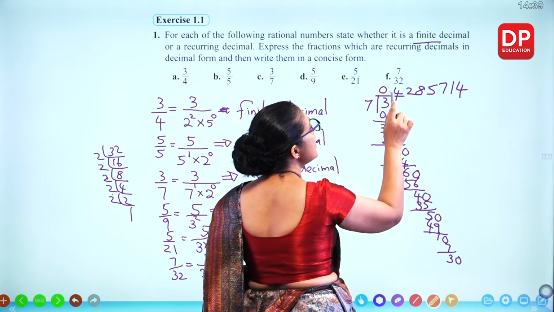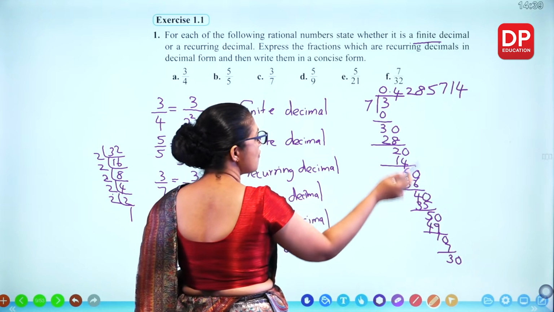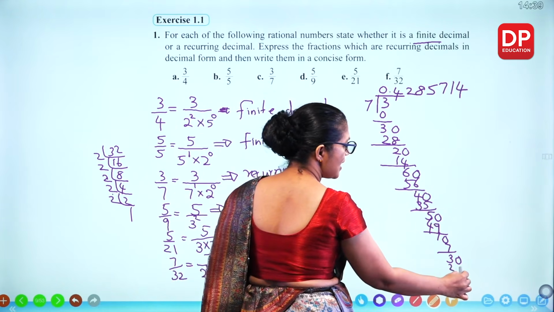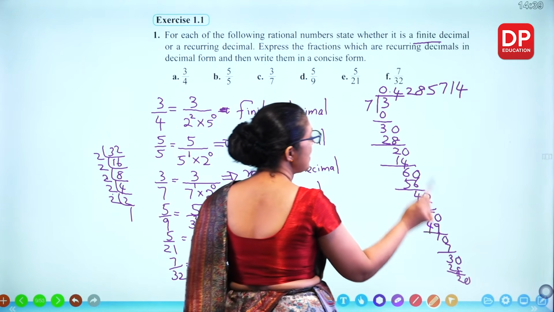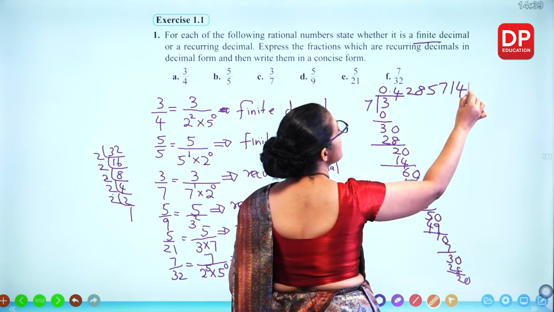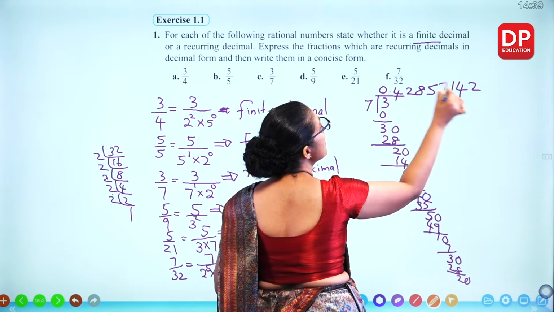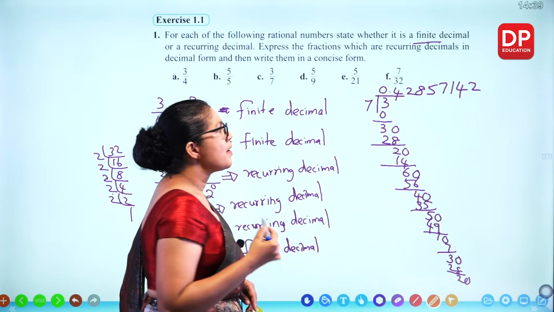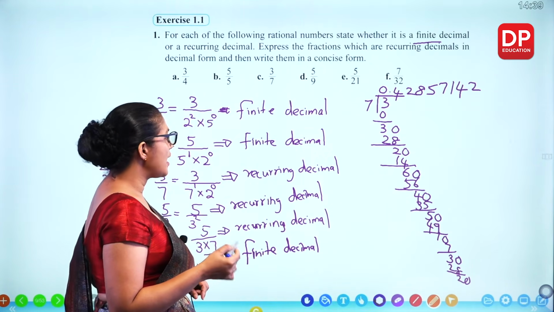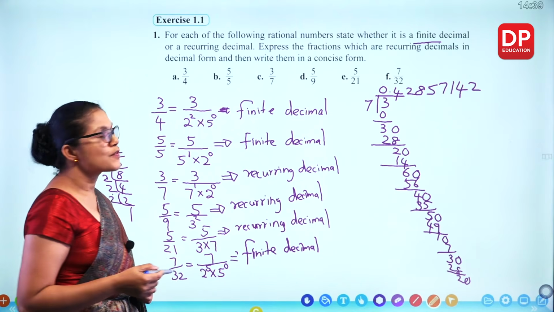Now can you see? Again, now starting from that. So 7 times 4, 28. 2 remaining. For 20 again, 7 times 2. So here up to here, these digits are repeating. So how can we write down in concise form?